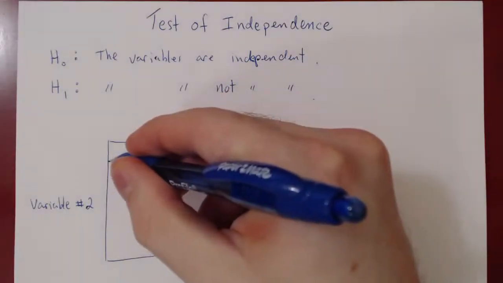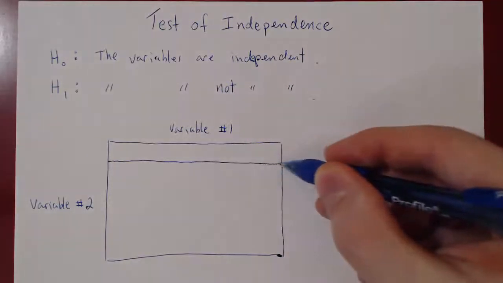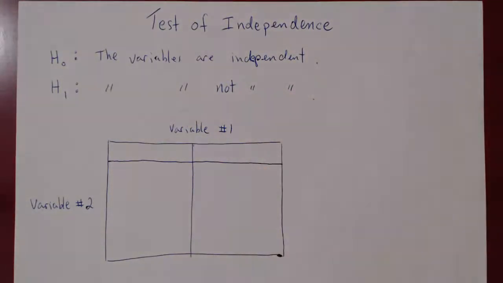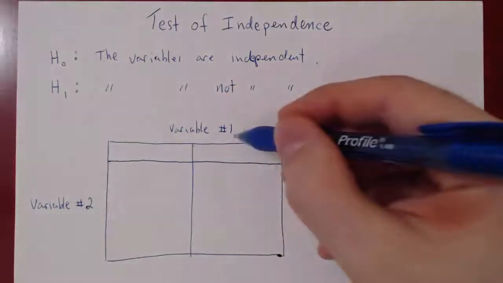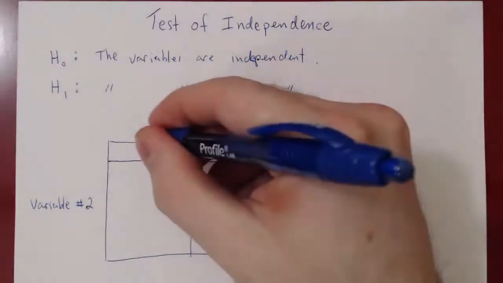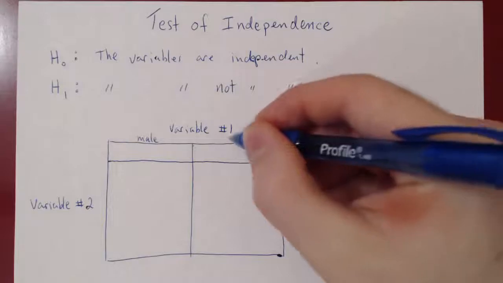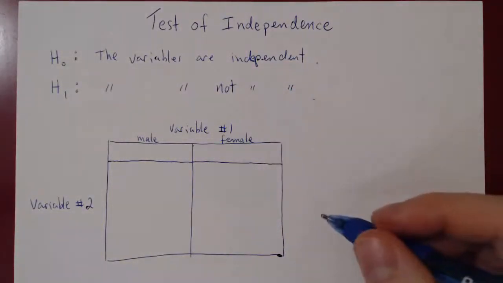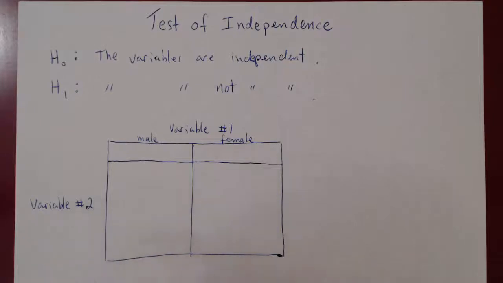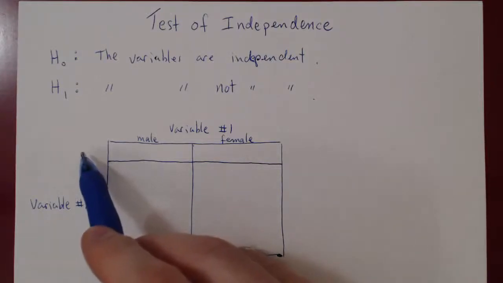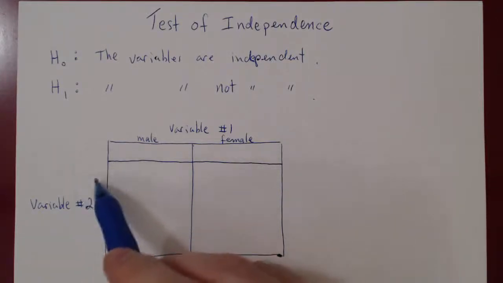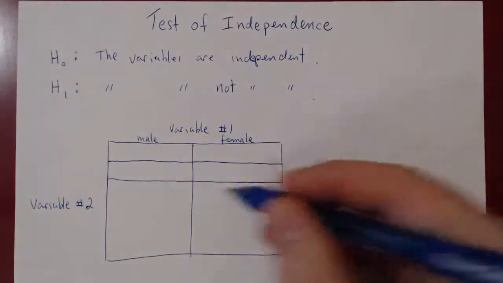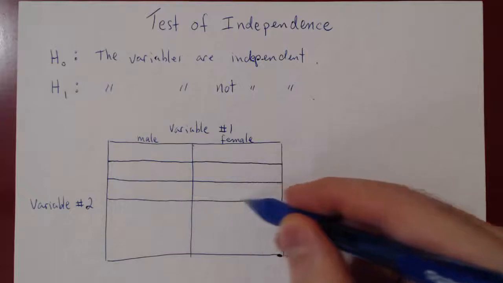So the first variable being gender, there would be two categories. There would be male and female. And then variable 2 would be the favorite color. And then we would have, this would be maybe blue, then green, then yellow, and so forth. And then we'd have more than just two categories.